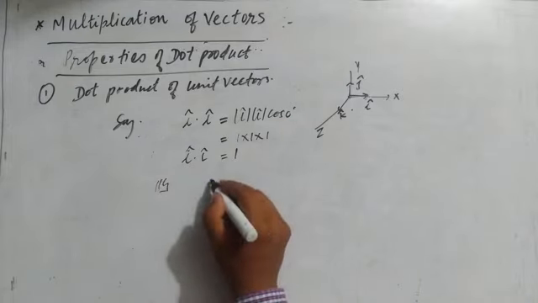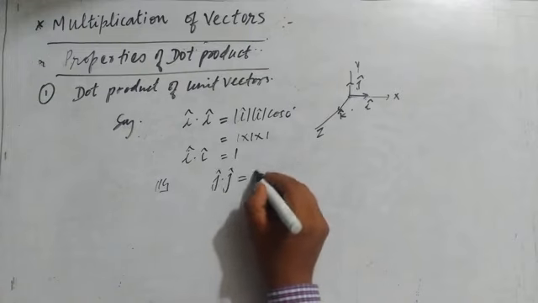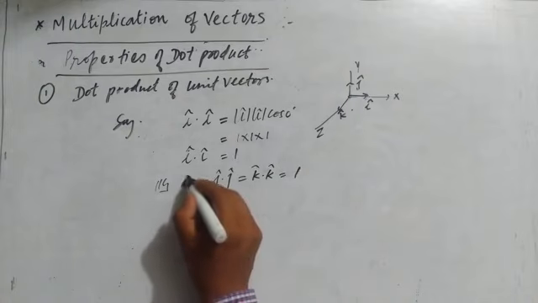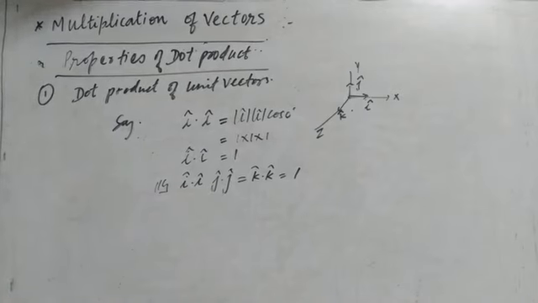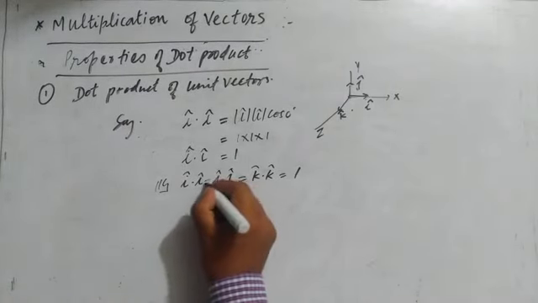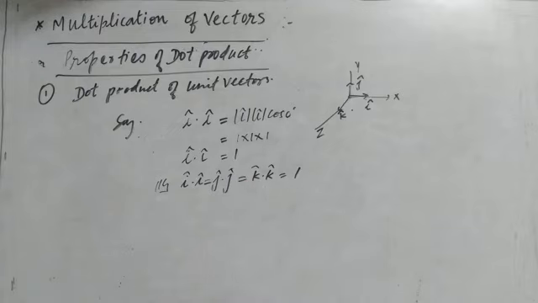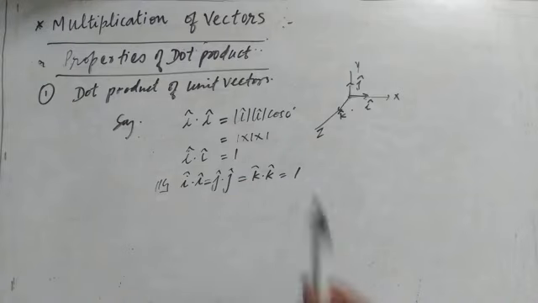Similarly we can write j dot j equal to k dot k equal to 1. So I dot I equal to j dot j equal to k dot k equal to 1. Dot product of similar unit vectors is 1.